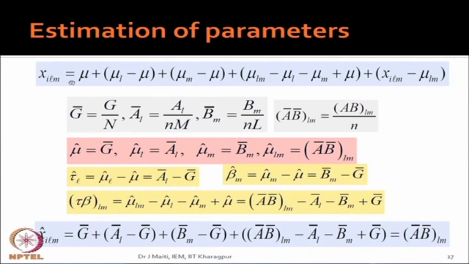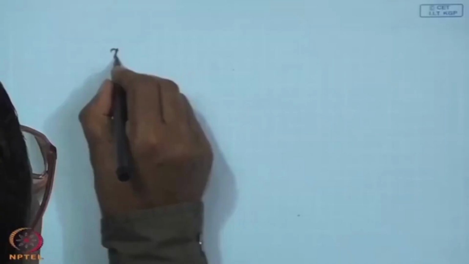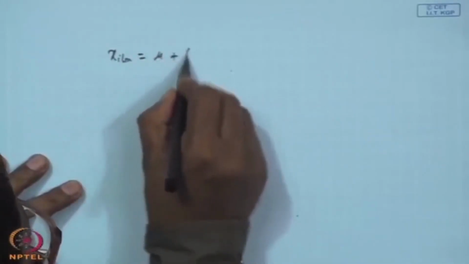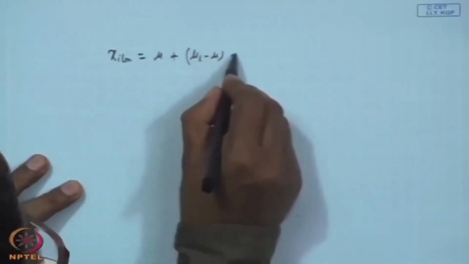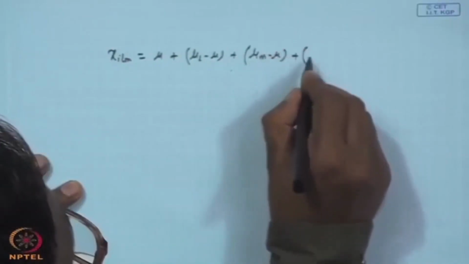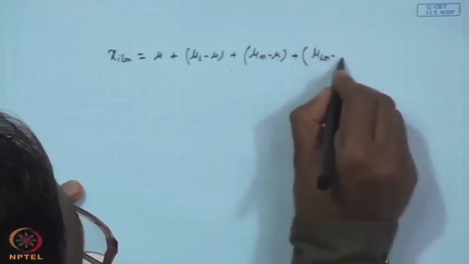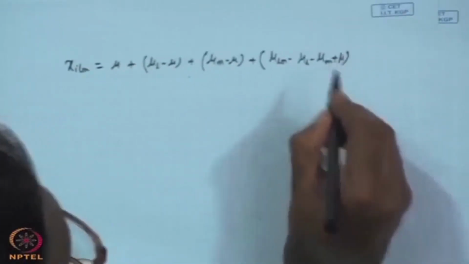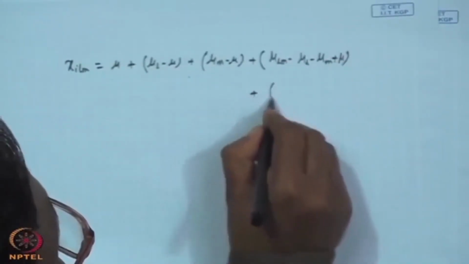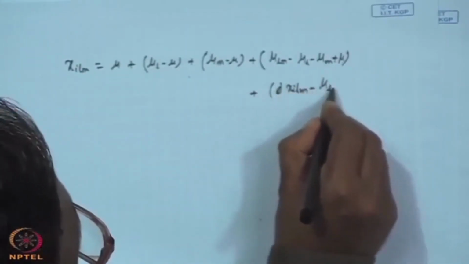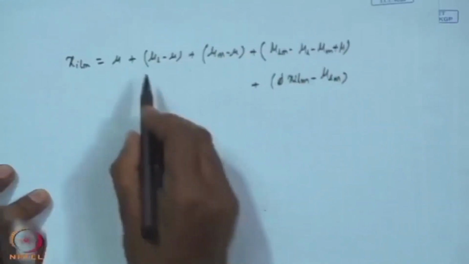So, I am writing once more that X_ILM equals mu plus (mu_L minus mu) plus (mu_M minus mu) plus (mu_LM minus mu_L minus mu_M plus mu), then plus (X_ILM minus mu_LM).